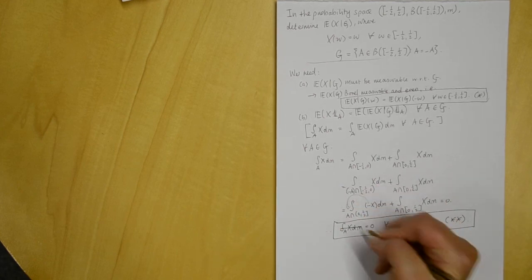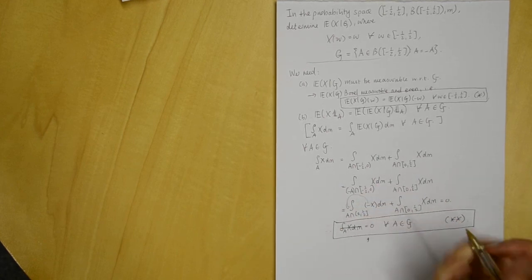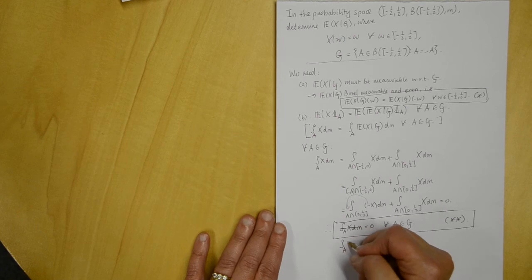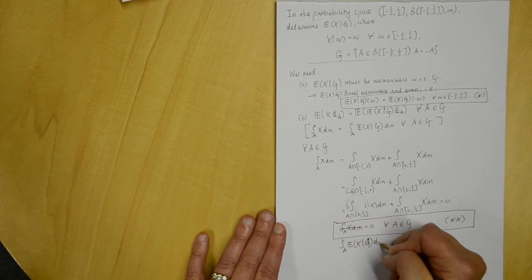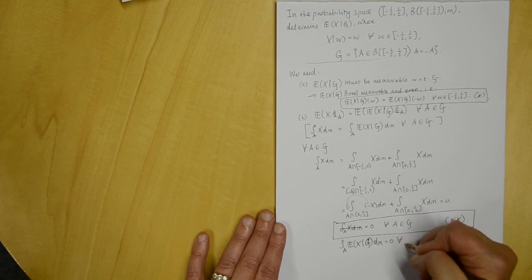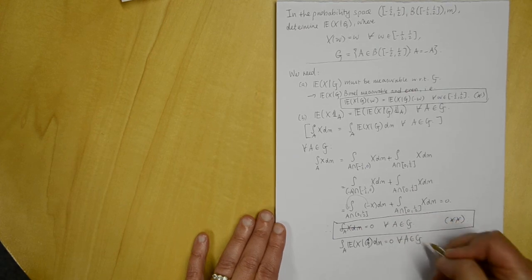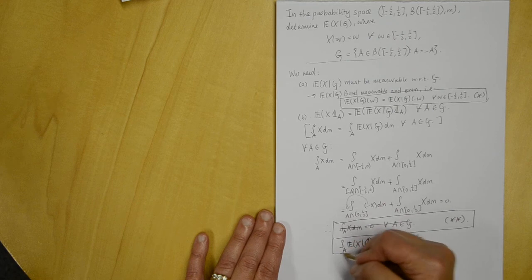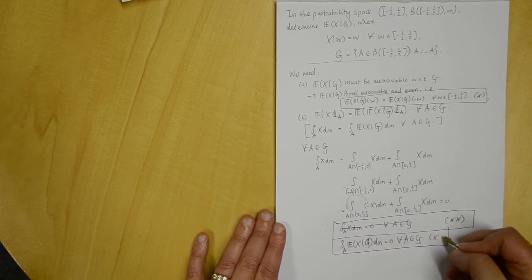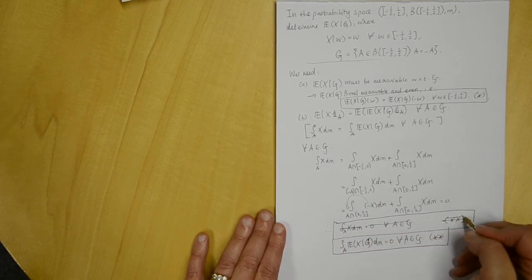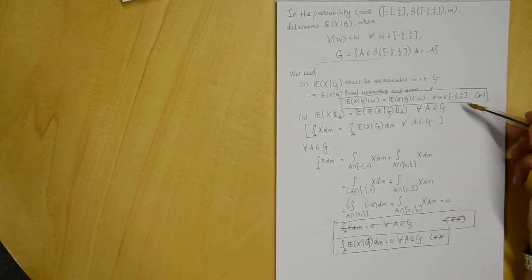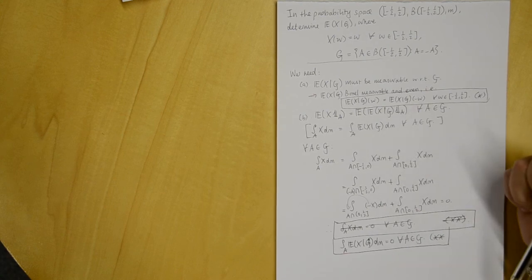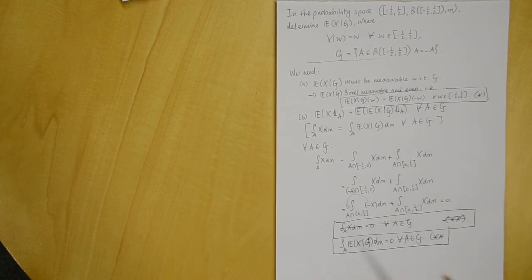So I'm just going to correct this: the integral over A of the expected value of X conditional on G dm is equal to 0 for all A in G. This is going to be my requirement. If you look at these two together, you can do some further derivations if you like, or you can just start to guess and see whether your guess is a good one.